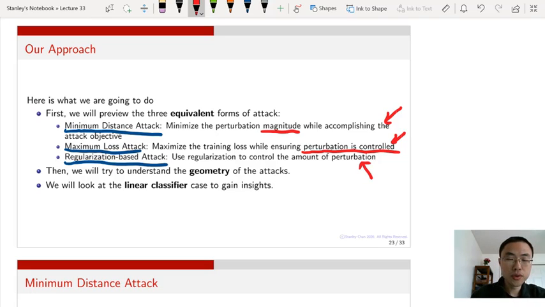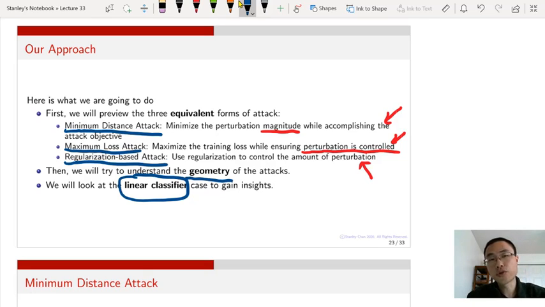Then we're going to look at the geometry of the attacks, drawing a lot of pictures to understand the principle of the attack. Now, we want to focus on the type of classifiers that are linear so that we can draw pictures, we can derive closed form equations, and then we can tell you exactly what is happening in the situation.